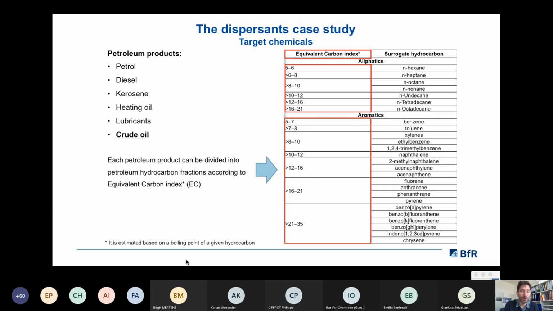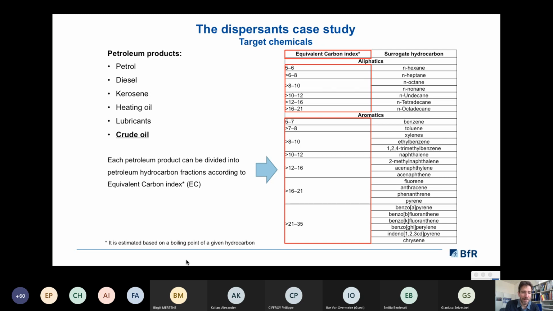And then, of course, we have to look at the target compounds we are actually looking at. So there are different petroleum products. And in this case, it is possible to give different inputs of these compounds. And oil is a very complex mixture of a large number of hydrocarbons.